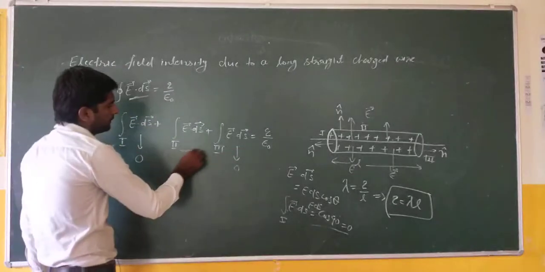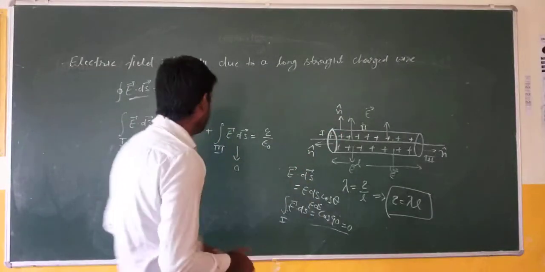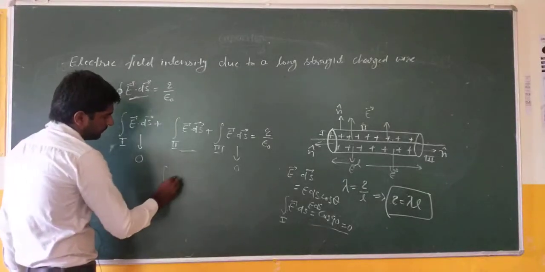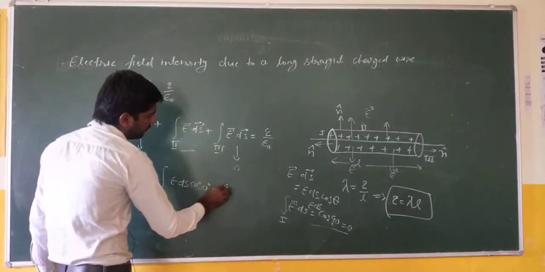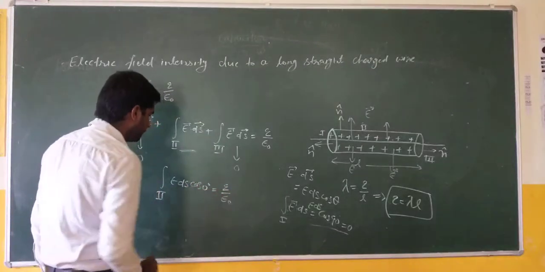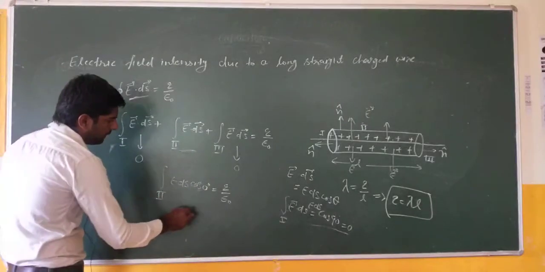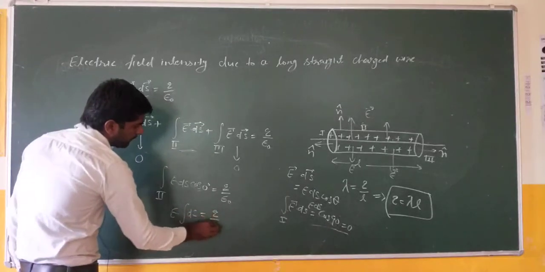For the curved surface, the angle between the electric field and area vector is 0 degrees. So E ds cos 0 degree is equal to Q upon epsilon naught, and cos 0 is 1. So E can be taken outside, and integral of ds is equal to Q upon epsilon naught.